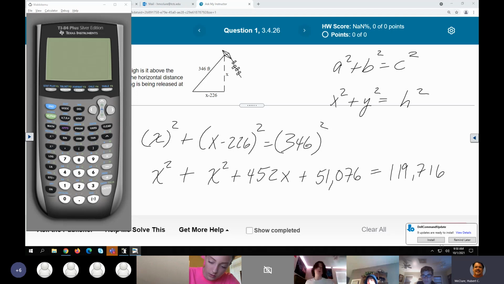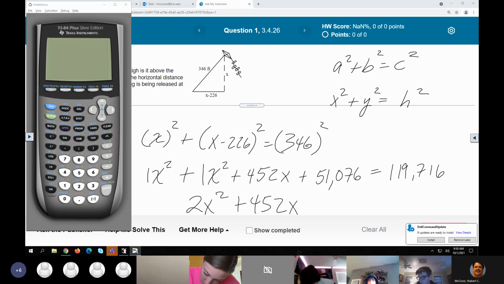And now x squared plus x squared is 2x squared, plus 452x, plus blank is equal to, what's 119,716 minus 51,076?